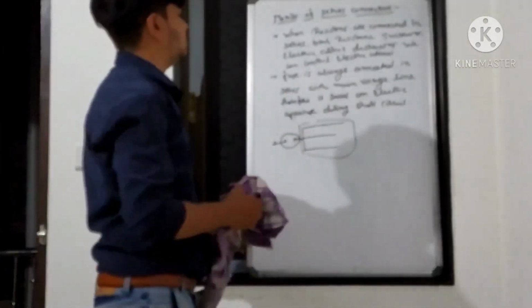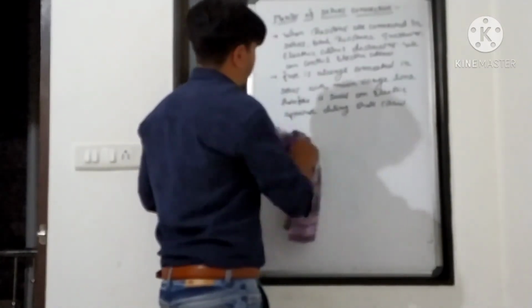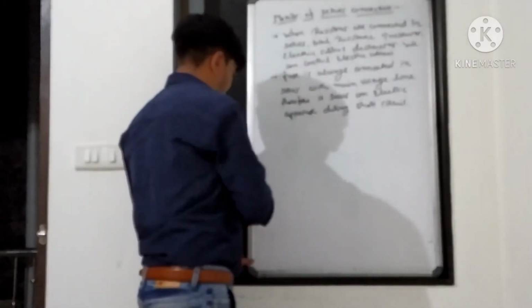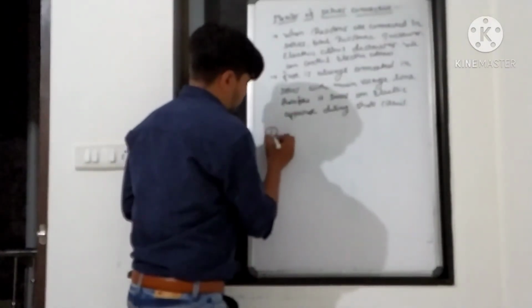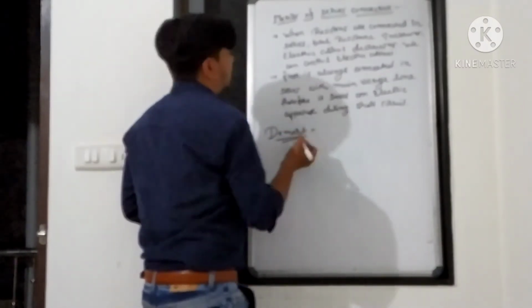So the fuse is always connected in series. There it can save the electric apparatus of our house. Now the drawbacks, the demerits. What are the demerits?